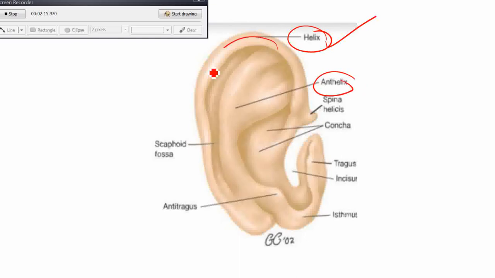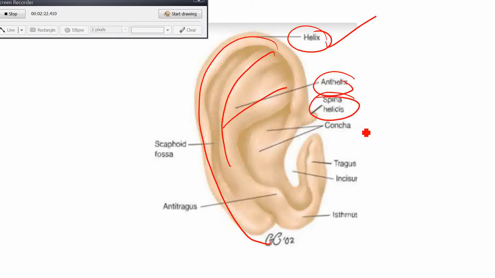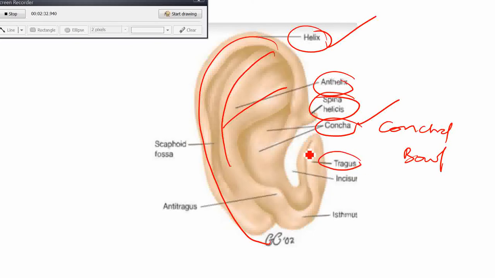This is the helix and this is the antihelix. This is the spina helicis, and this is the conchal ball, popularly called the conchal ball. This is the tragal cartilage, and this is the antitragus.